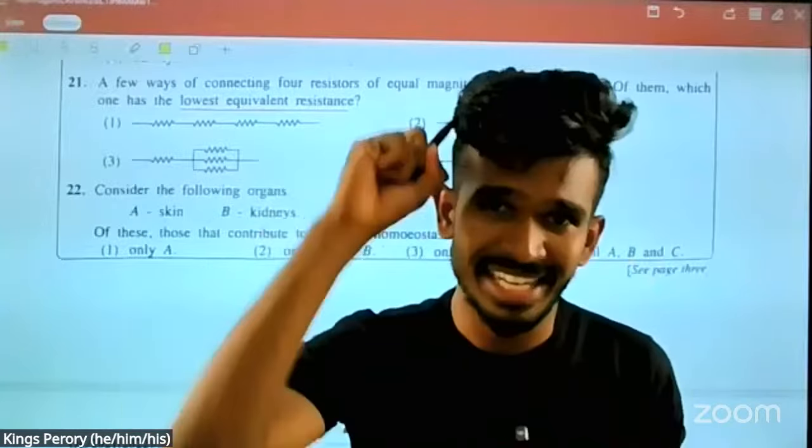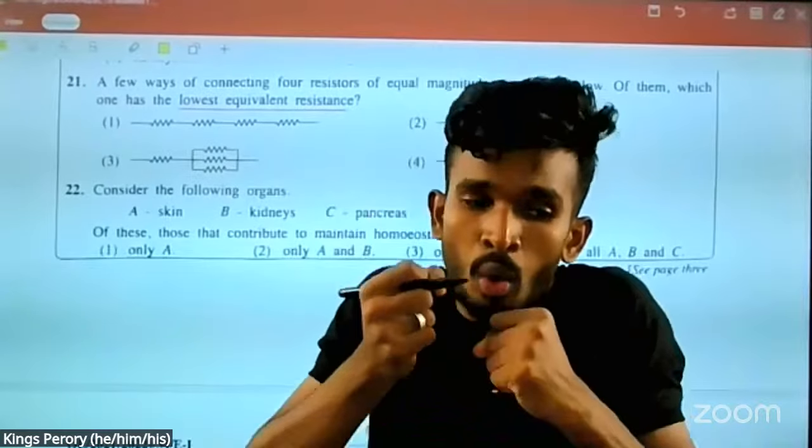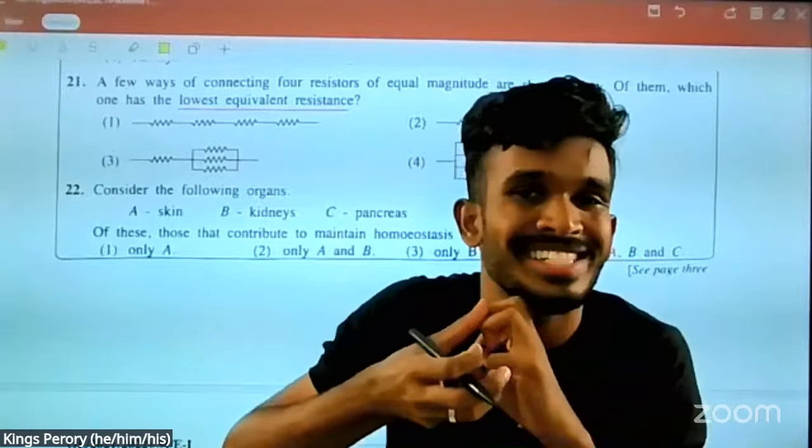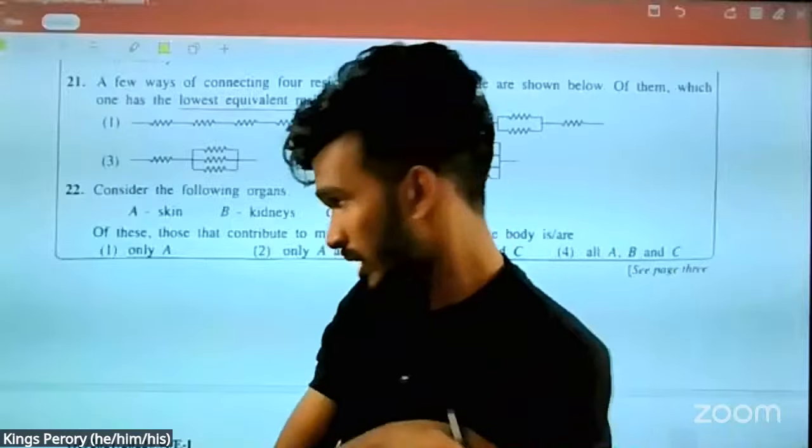In resistor combination, the lowest equivalent resistance is achieved when you connect the resistors in parallel. Keep that in mind.